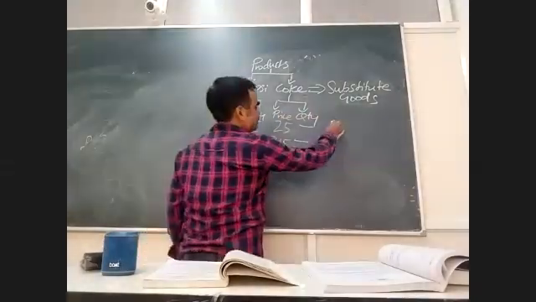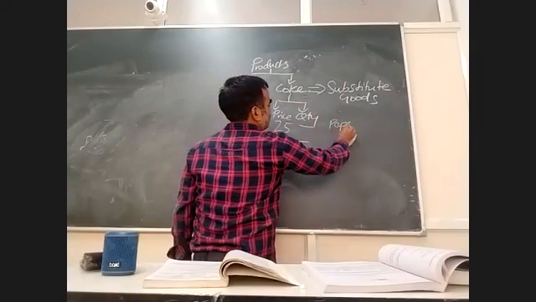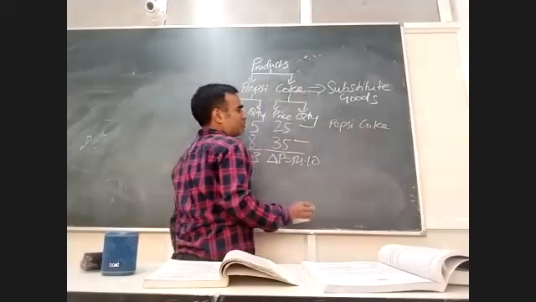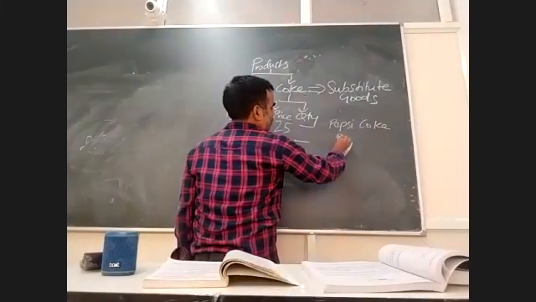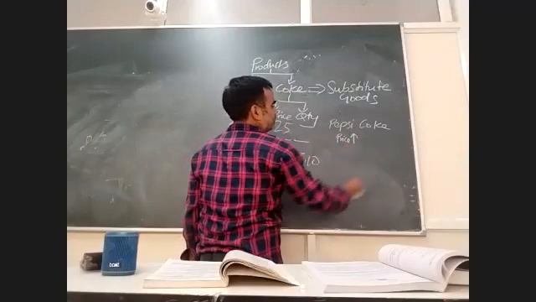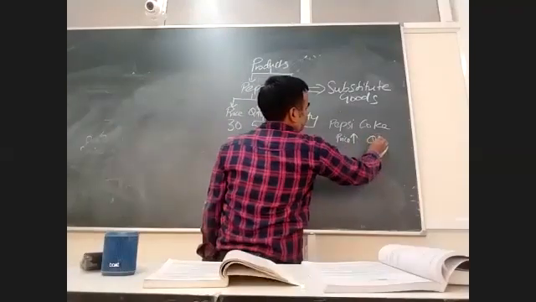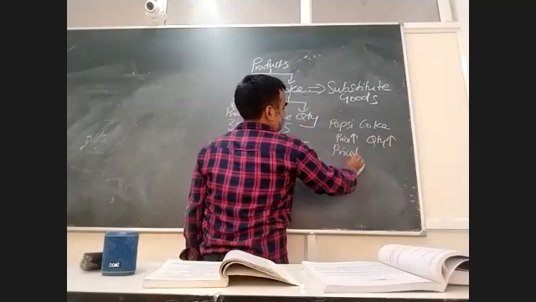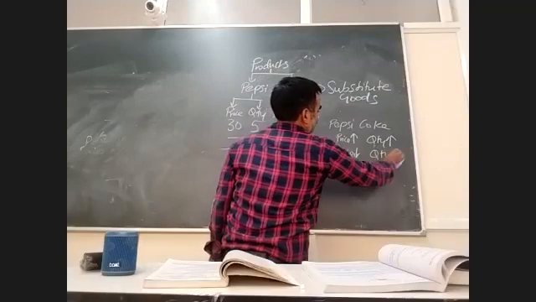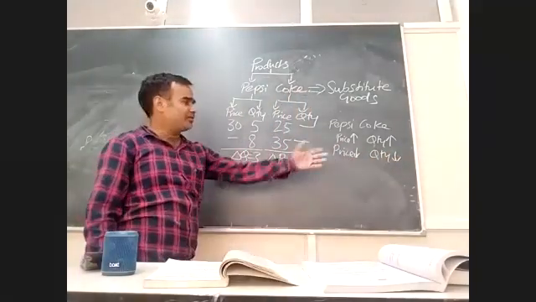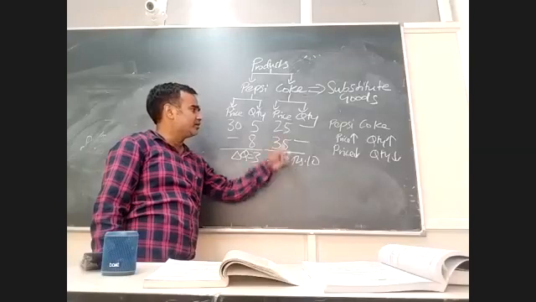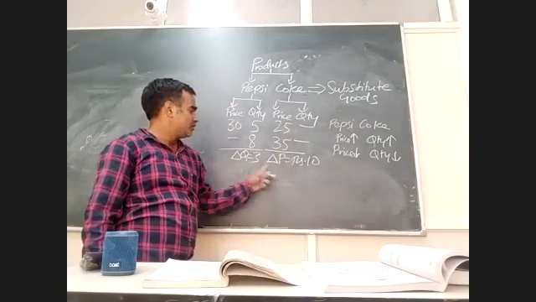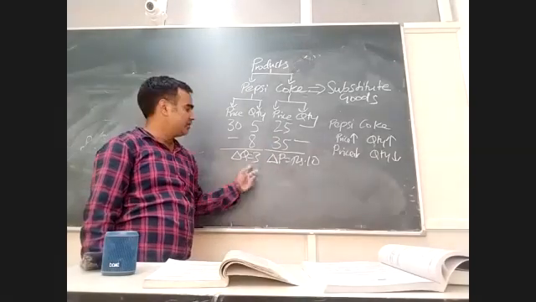So what do we learn in substitute goods, Pepsi and Coke? If the price of this increases, the quantity demanded of this will increase. If the price of this decreases, the quantity of this will decrease. That is the same thing showing here. The price of Coke increases, so demand for Pepsi increases.